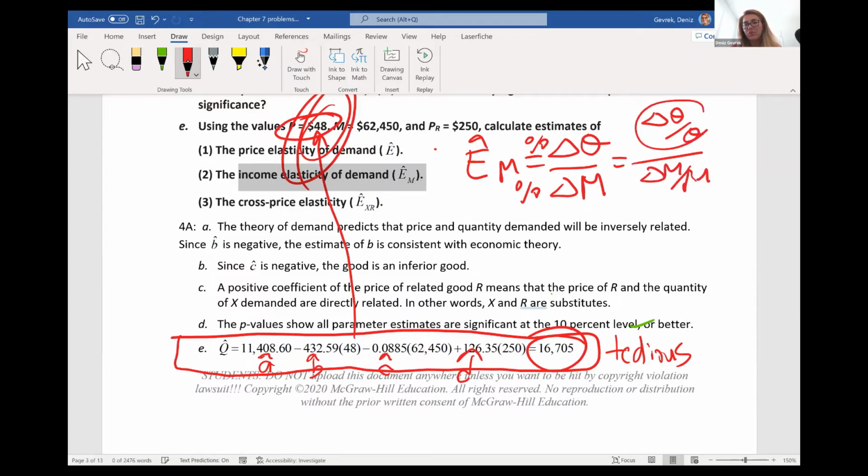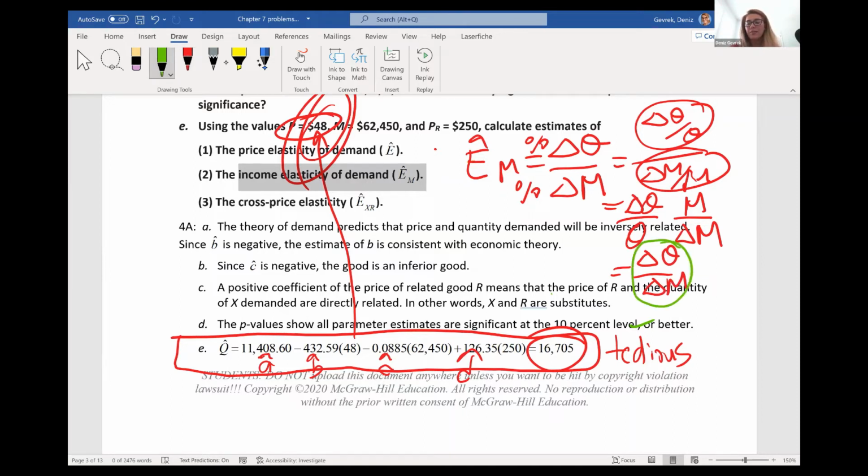The numerator stays by itself, the denominator comes up but you flip it, M over delta M. Delta is for change. So this is again delta Q over delta M, which is simply my C hat, times M over Q.